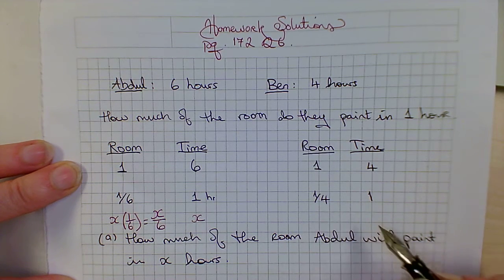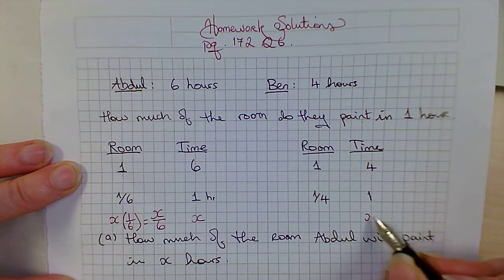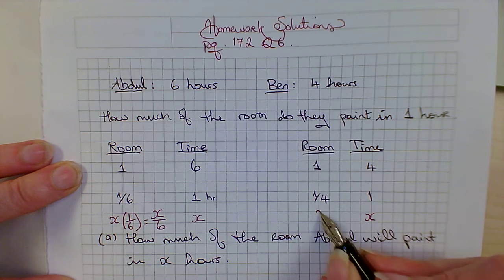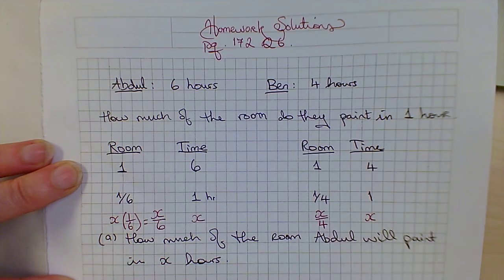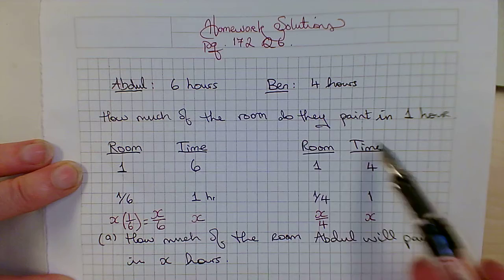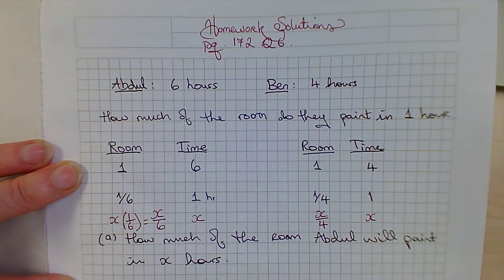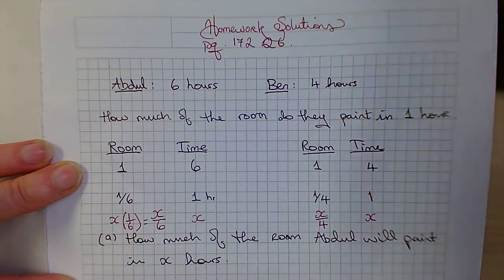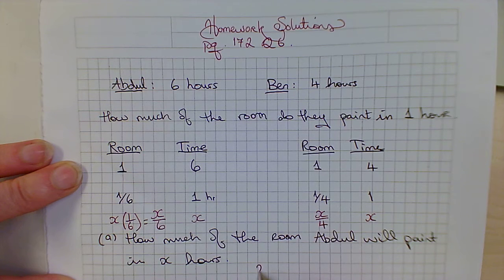Same thing with Ben. For X hours, it's going to be X over 4 of the room. Now, if X is bigger than 6, it's more than 1 room. If X is bigger than 4 for Ben, it's more than 1 room. Otherwise, it's less than 1 room. So the answer to part A was X over 6.